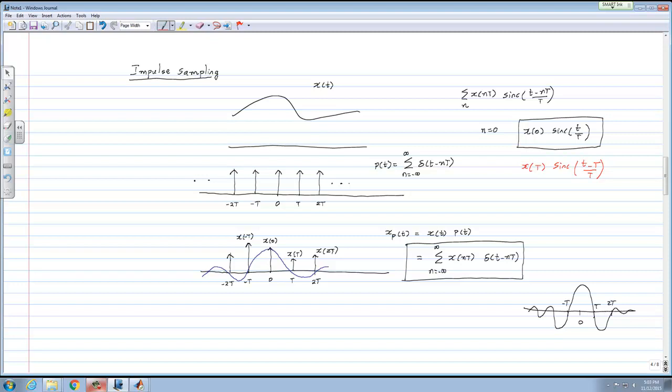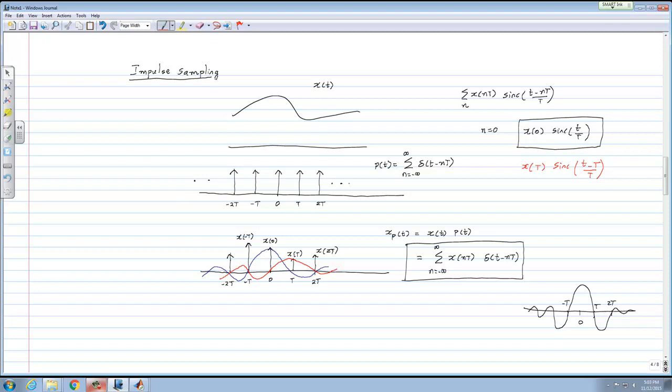I can take sinc t over T and shift it by T units to the right. So what I am really doing is I take my sinc function and I am putting it on top of the sample I took at time T. Does this make sense?